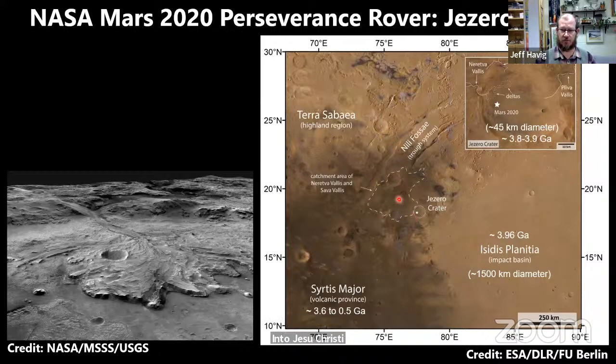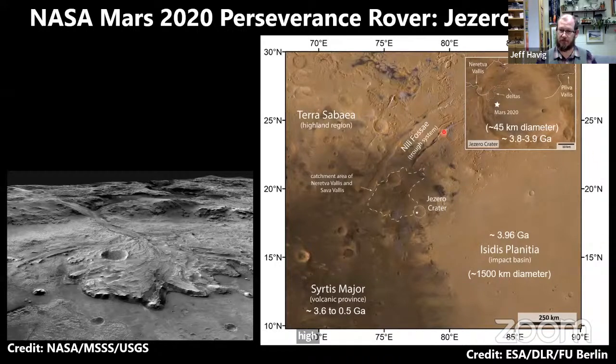And so Jezero crater, which formed about 3.8 to 3.5 billion years ago, is at the edge of the Isidis Planitia, which is the Isidis impact basin, a huge basin that formed about 4 billion years ago, massive. And with these large impactors that generate a lot of heat and actually drive hydrothermal activity, modeling has shown they can drive hydrothermal processes for millions and millions of years following the impact.